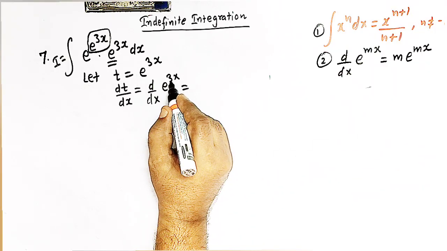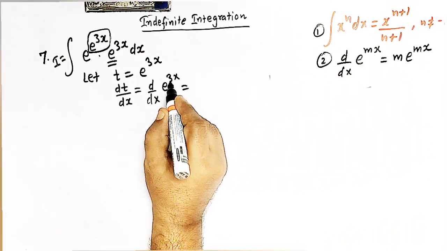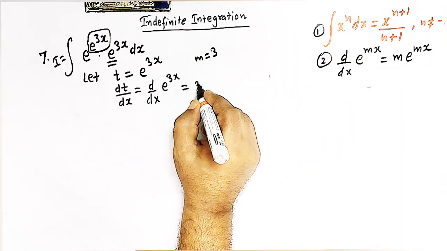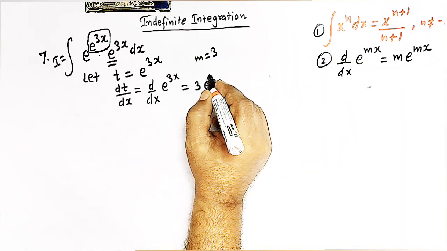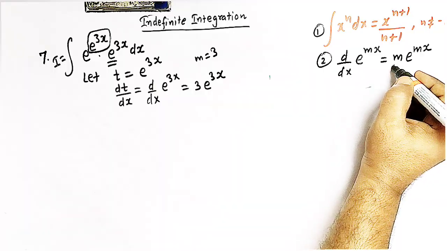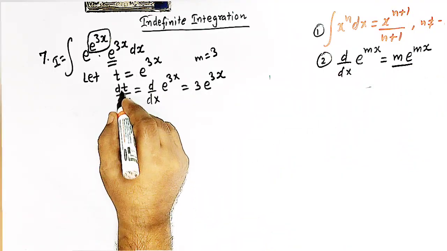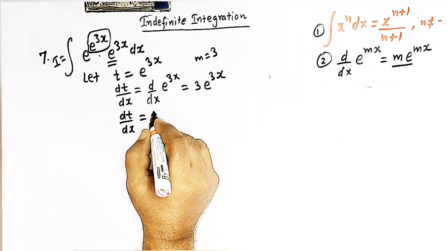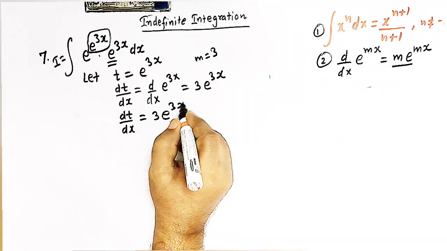Here the value of m is equal to 3, so we have 3 times e raised to 3x due to this result. So now we have dt over dx is equal to 3 times e raised to 3x.